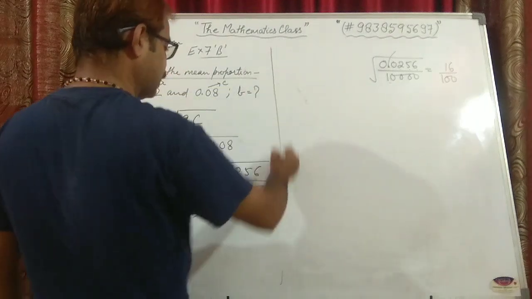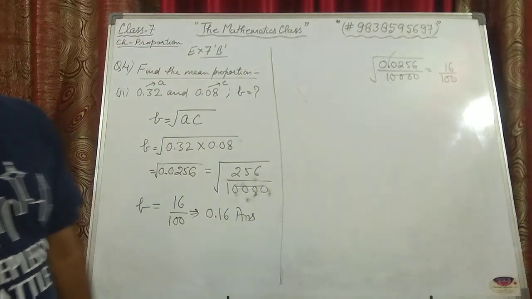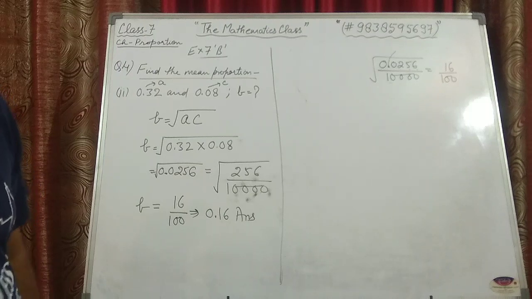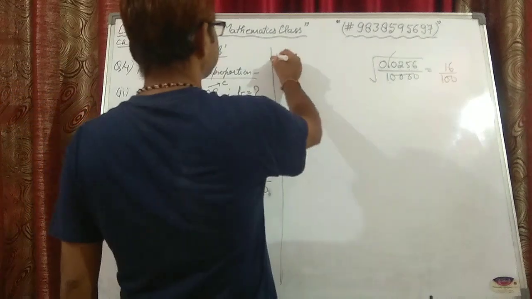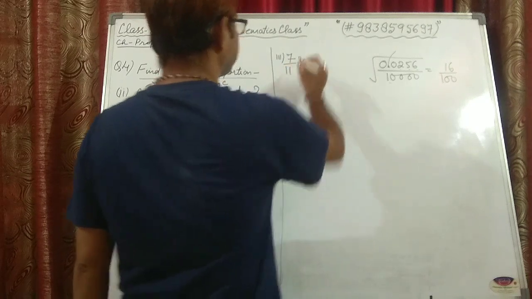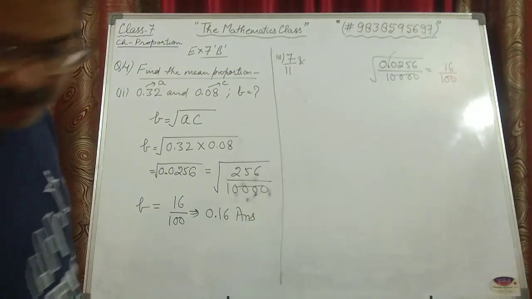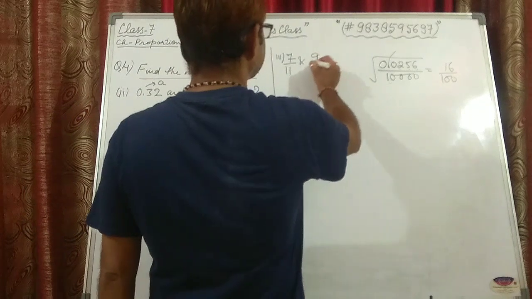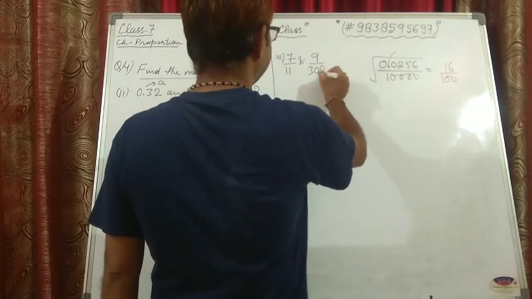Now we move on to the next part, that is, let's say, the third part. Third part is find the mean proportion between 7 upon 11 and 9 upon 308.